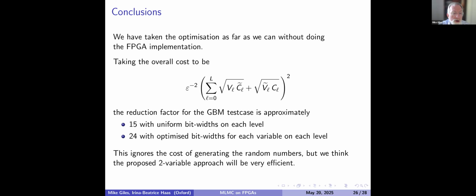So a useful additional benefit from optimizing the bit widths. But this does ignore currently the cost of generating the random numbers, because I'm not sure what a good model would be for that. But I don't think that is going to be a costly process. So I'm fairly confident in that.